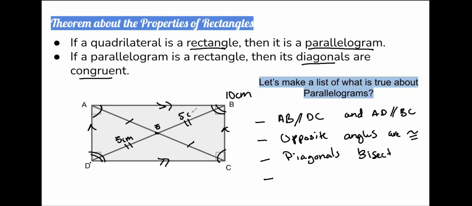This one's also going to be 5 centimeters. But because their diagonals are congruent, meaning they are the same measurement, DB is going to be congruent to AC. And because they bisect each other, if this one measures 10 centimeters as well, this length AE will also be 5 centimeters. This one will also be 5 centimeters.